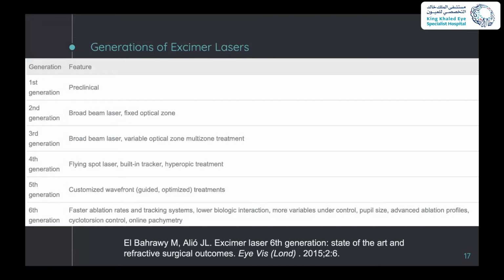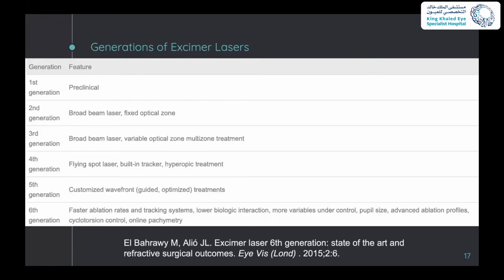These are the different generations over time of the refractive excimer lasers, starting with a broad beam, then moving to the scanning slit, then flying spots. Then it becomes more advanced technologies where the ablation became faster, with very fascinating tracking systems and, of course, amazing cyclotorsion control.